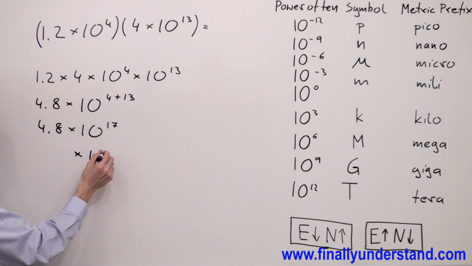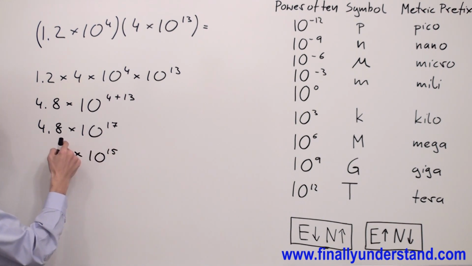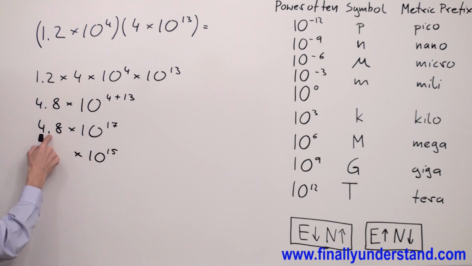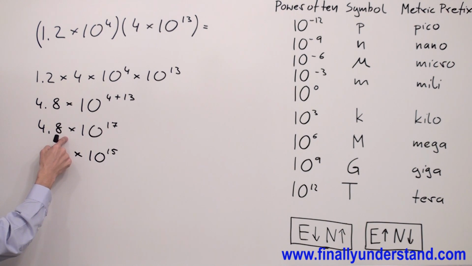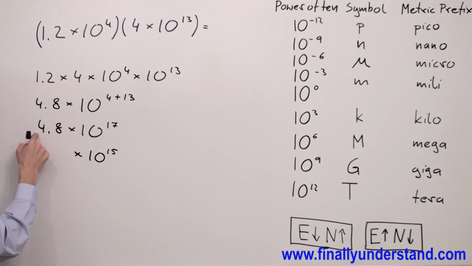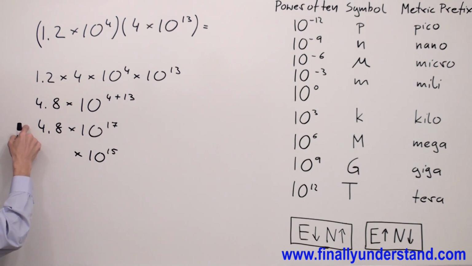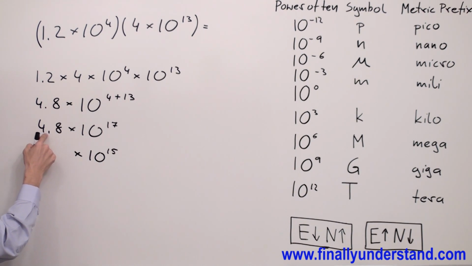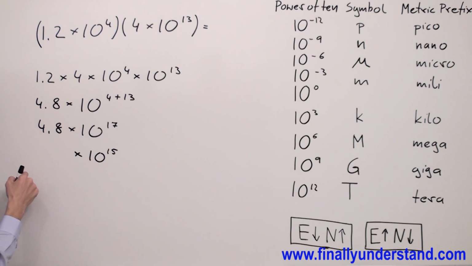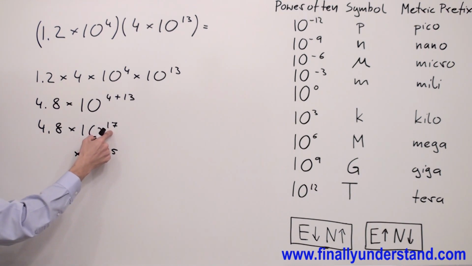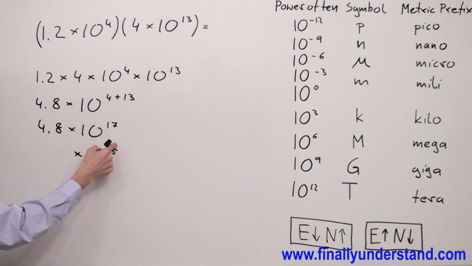My exponent has to get smaller in order to make this number bigger. Why? Because I cannot move my decimal point to the left because I'm going to create 0 on the left side of the decimal point. Remember, the number on the left side of the decimal point is supposed to be between 1 and 999. Okay, the difference between 17 and 15 is 2.